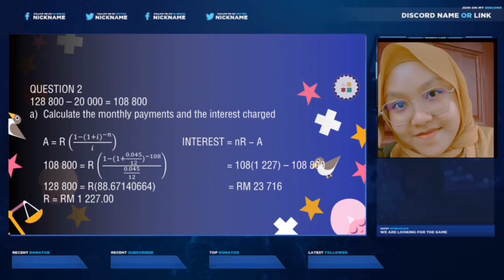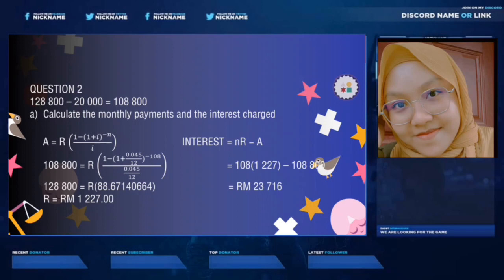First, the cost minus down payment, which is RM128,800 minus RM20,000. So the answer is RM108,800.